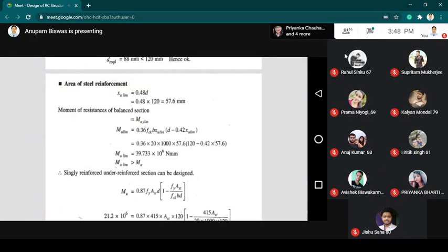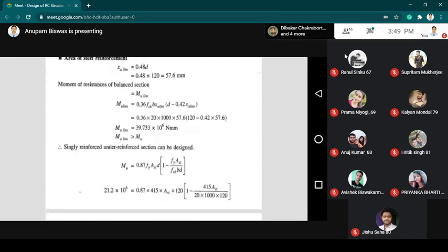From there we have obtained that the Mu limit value is more than Mu. Now considering a singly reinforced under-reinforced section, from the equation Mu = 0.87 fy Ast d multiplied by 1 minus fy Ast by fck b d, we will obtain the value of the corresponding area of steel.